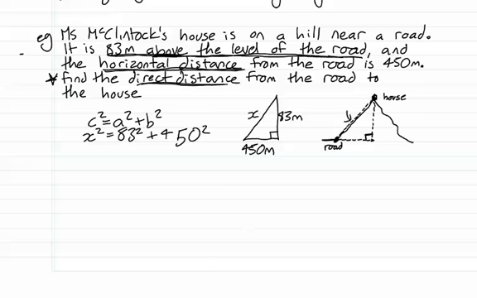It's going to be large numbers. 83 squared is 6,889, and 450 squared, 202,500. That's x squared. We're still going to have to add those together. A very large number.